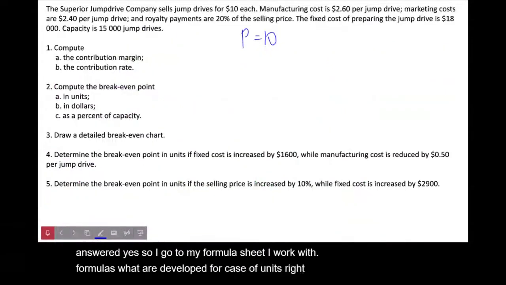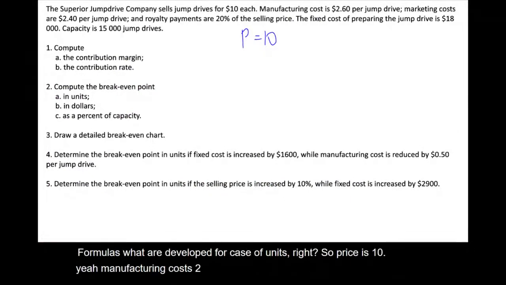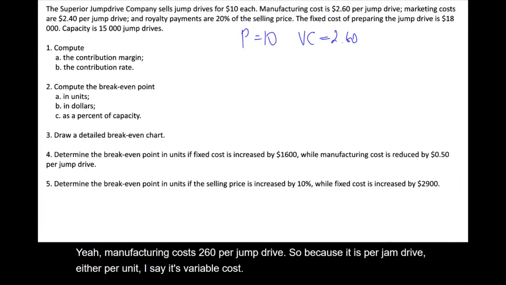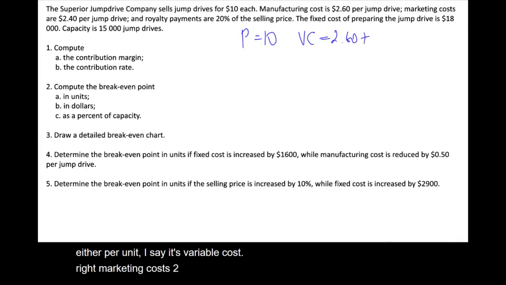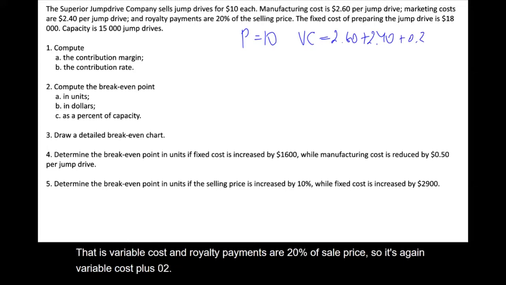So price is 10. Then manufacturing cost is 260 per jump drive. Because it is per jump drive, or per unit, I say it's variable cost, right? Marketing cost is 240. Again, that is variable cost. And royalty payments are 20% of the sale price, so it's again variable cost: plus 0.2 times 10.